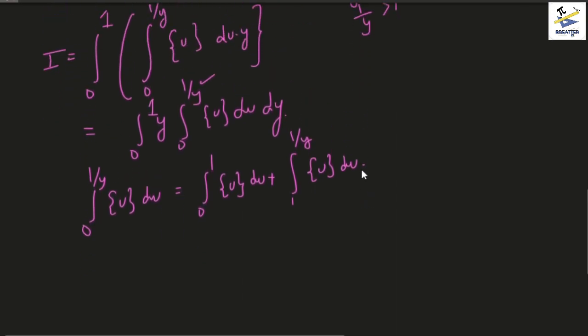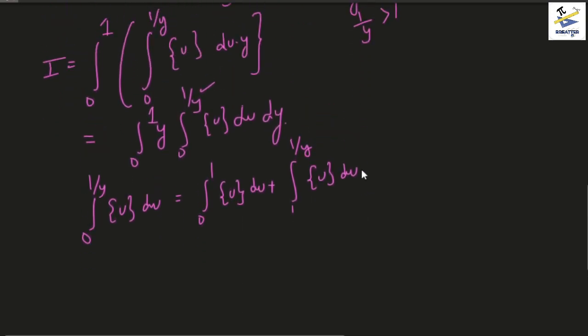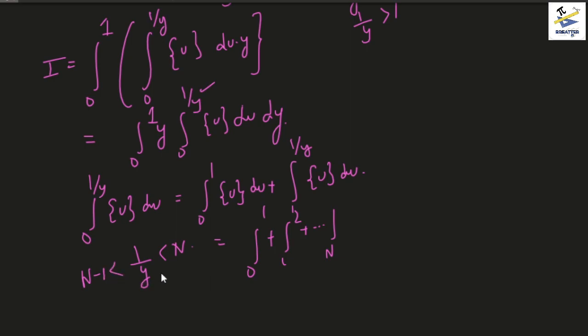And the thing is, if we were to just fix the value of y, we can say that 1 by y is less than some integer n. If this is true, then we can do 0 to 1 plus 1 to 2, all the way up to n minus 1 to n, and in this whole integration we evaluate du, right?